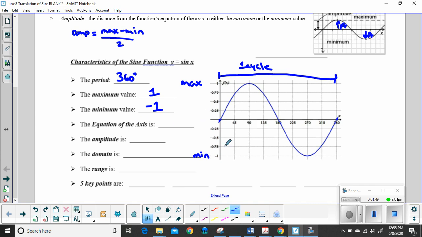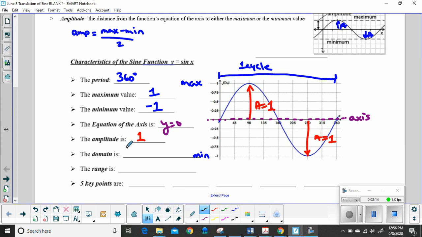The equation of the axis is down the middle. So on just plain old sine, that's at y equals 0. My amplitude, well, it goes up to 1. So I can draw that to the peak or to the trough. So my amplitude is 1.